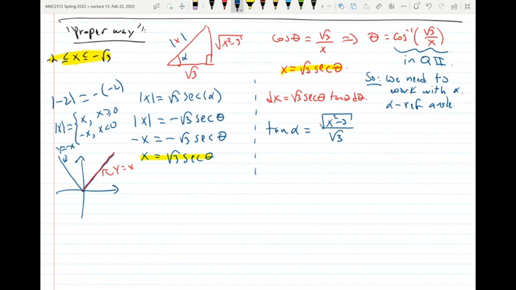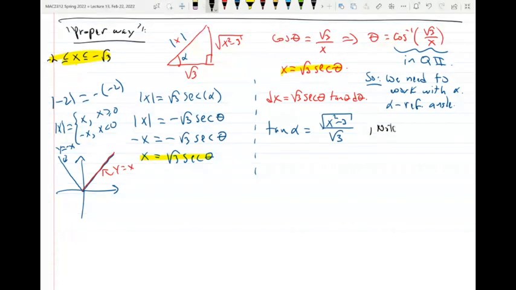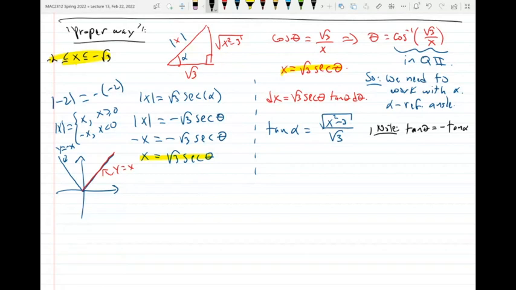Now, what do we know about the relationship between tangent of alpha and tangent of theta? Because alpha is a reference angle of theta, we know that tangent of theta is negative tangent of alpha. That's a relationship that an angle and its reference angle have. And why do we know this is negative?